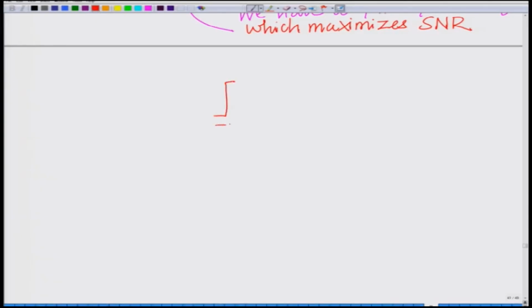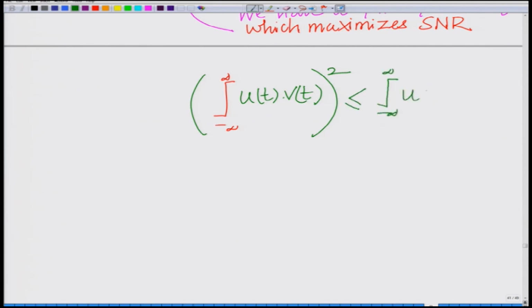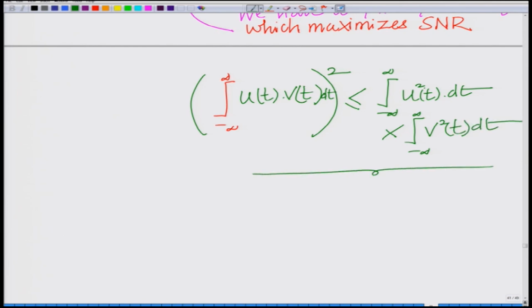For this we use the following property. If we have two real functions, let us use the terminology u(t) and v(t) since x(t) and y(t) are confusing, the integral from minus infinity to infinity of u(t) v(t) dt, whole square, is less than or equal to the integral of u square t dt times the integral of v square t dt.